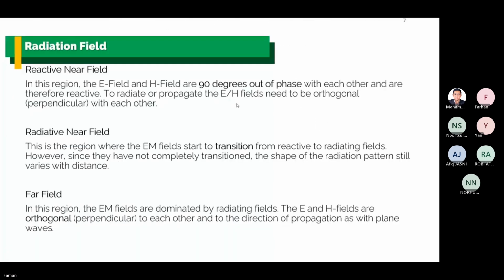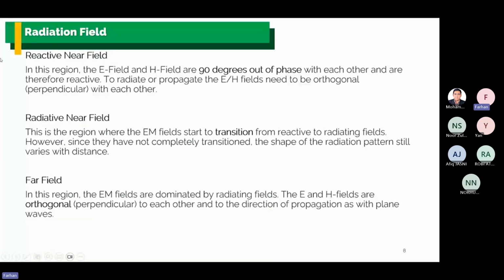So what are those? For the reactive near field, in this region the electric field and the magnetic field are 90 degrees out of phase with each other. Therefore, they are reactive. To radiate or propagate, the electric and magnetic fields need to be orthogonal, perpendicular to each other.